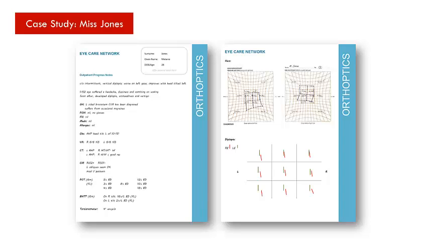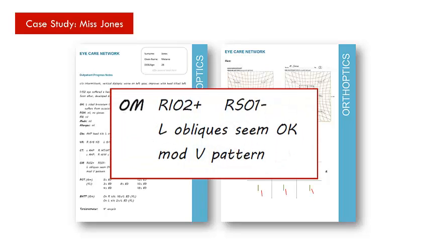So now if we have a look back at Miss Jones's case notes, we can have a look at the recording of the ocular movements. And here we have what's been recorded. So the descriptive method has been utilised. We can see that there's a right inferior oblique overaction that's slightly greater than the right superior oblique underaction.